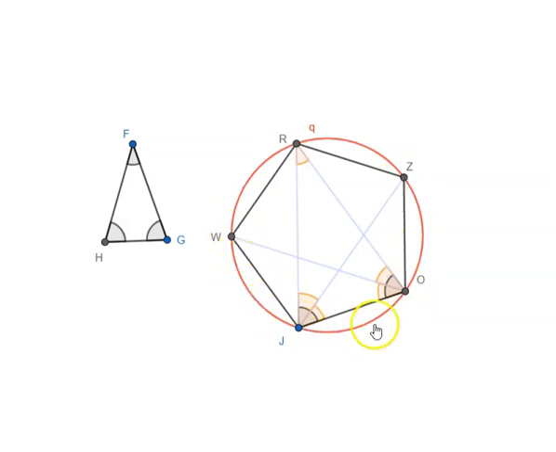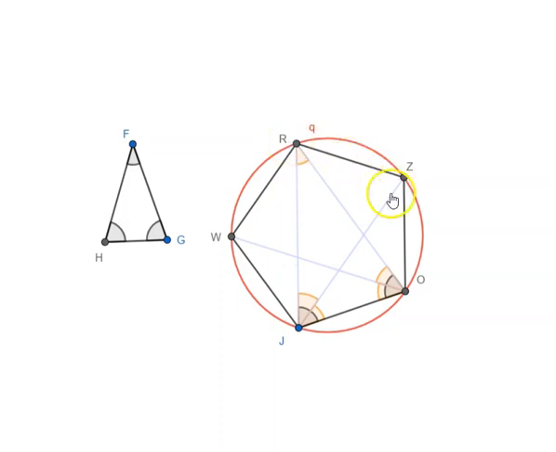Means this segment is equal to this segment. Again, we know that angles standing on equal segments are equal to each other. So that means RZO, this angle stands on this circular segment, RWJO. That would be equal to WRZ. Why?